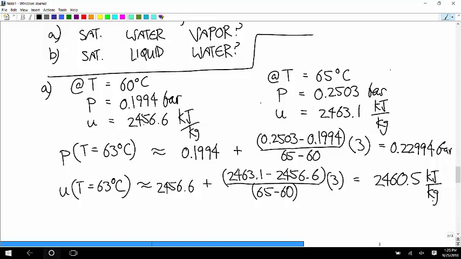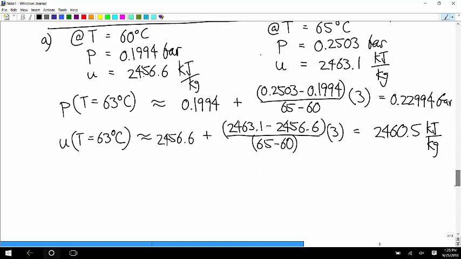You can use that to find the change in internal energies and use the first law of thermodynamics with these table values to calculate whichever one you didn't know, the heat or the work. Okay, so this was for the vapor.